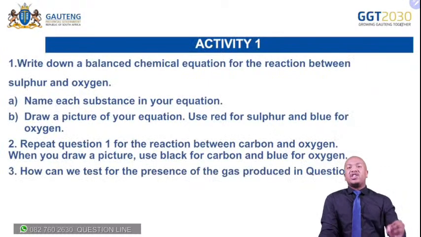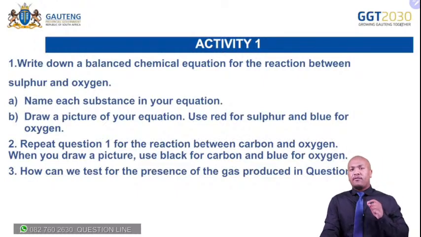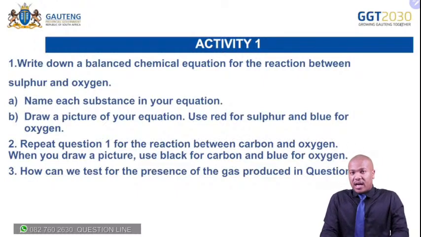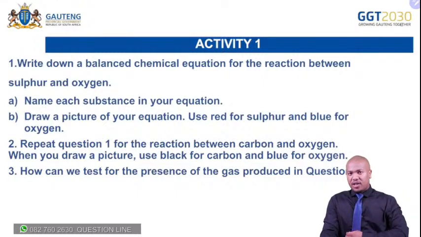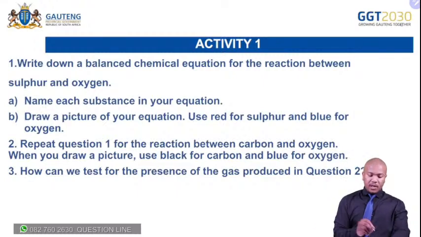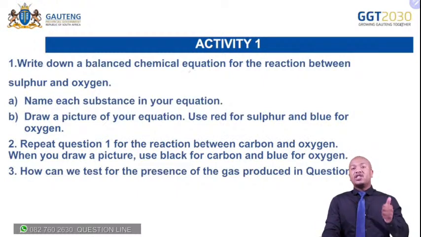Now let's engage in this activity. Activity 1, I want you to listen carefully for the instructions, right? I'm going to give you another 5 minutes to finish off this activity. But firstly, let's go through the questions. Number 1, write down a balanced chemical equation for the reaction between sulfur and oxygen.